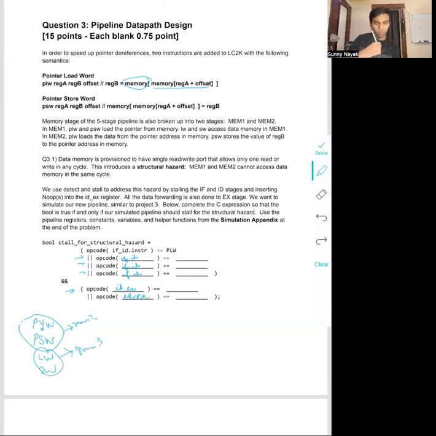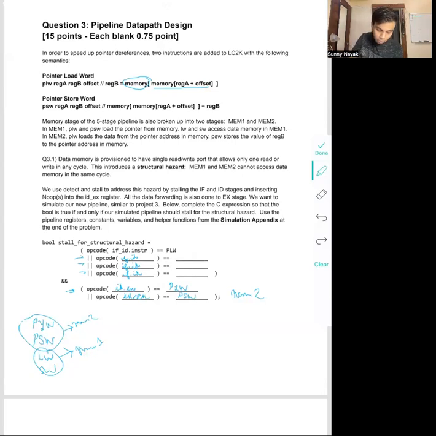The only instance where I'm going to see this structural hazard is when I am performing an instruction that uses the mem2 access right before I execute an instruction that uses the mem1 access. So these mem2 accesses are essentially the first instruction that's going to be executed in the pipeline. This is going to be PLW or PSW, because both of those instructions use mem2.